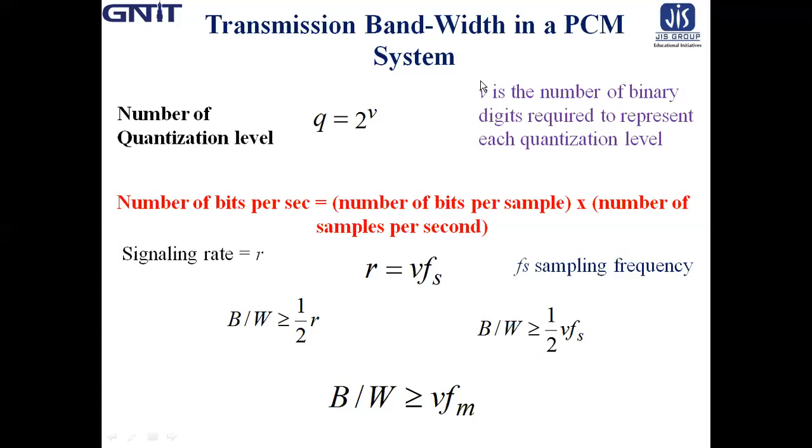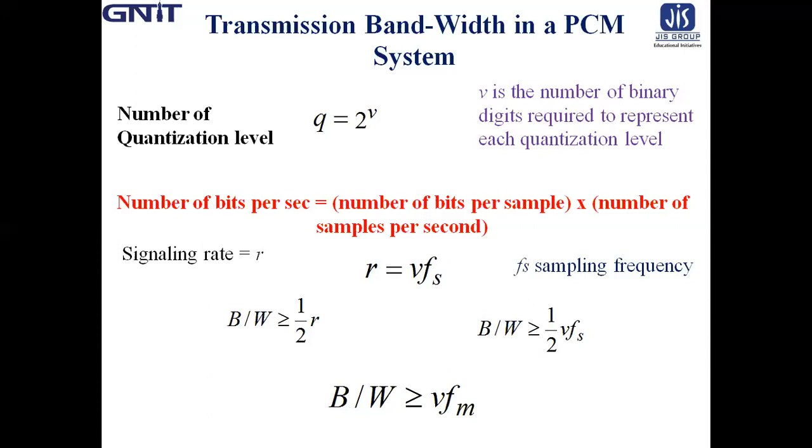Next is the transmission bandwidth calculation for a PCM system. What is the bandwidth of a PCM system? Let us assume that the quantizer uses V number of binary digits to represent each quantization level.